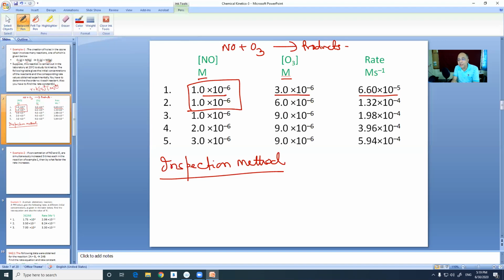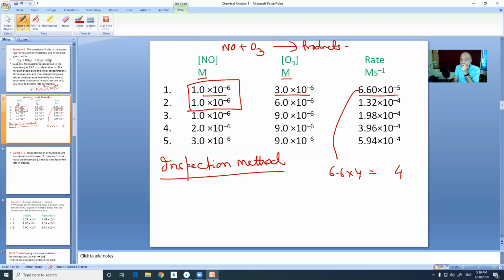So what has happened to the rate? Has it been doubled or increased by 4 times? If you multiply 6.6 by 4, 4 6s are 24. No, it is not increasing by 4 times.